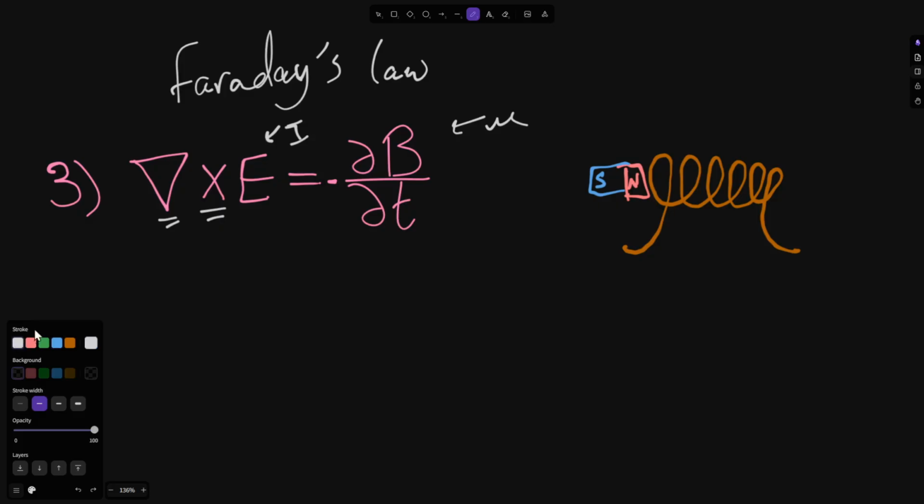If we try to insert this magnet here, we will find that electricity flows through the coil. It depends on the speed, well, it's not exactly speed, but I will represent it by speed for now, the speed of getting this magnet within this coil.